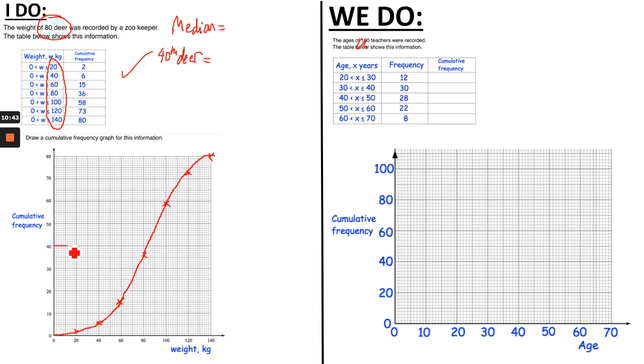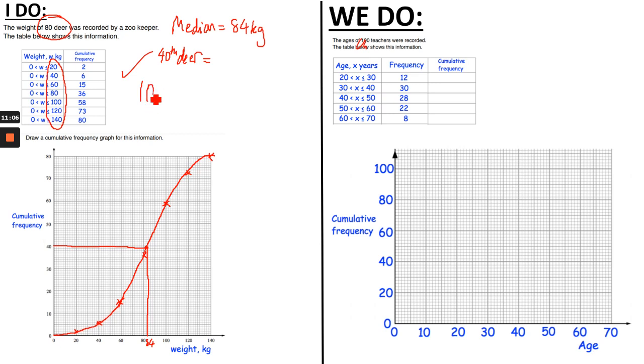So with a ruler, you go across to where it hits the curve at that point, and then go down and read that off. We've got 10 squares that go up by 20, so I think that value is 84 kilograms. So the median deer is 84 kilograms.